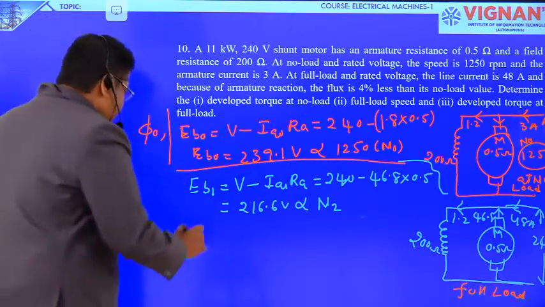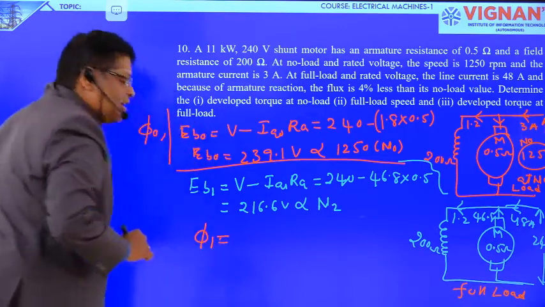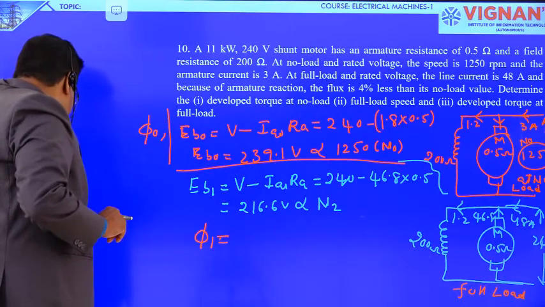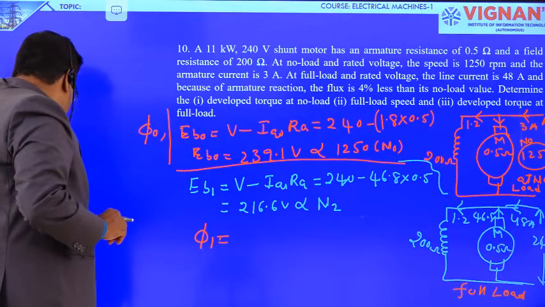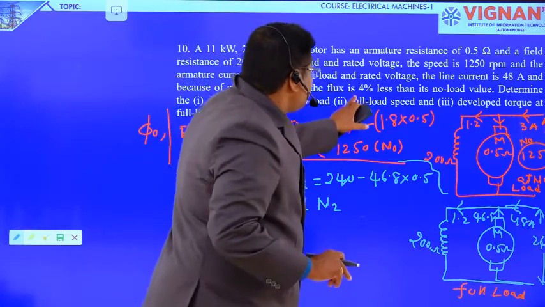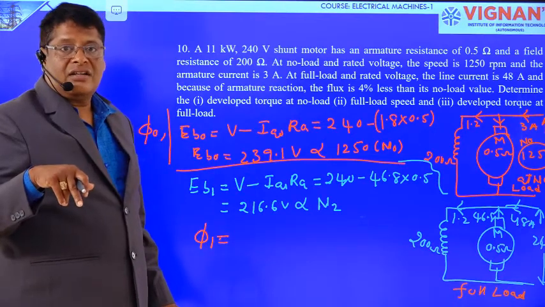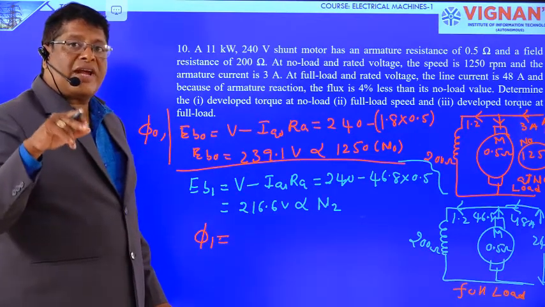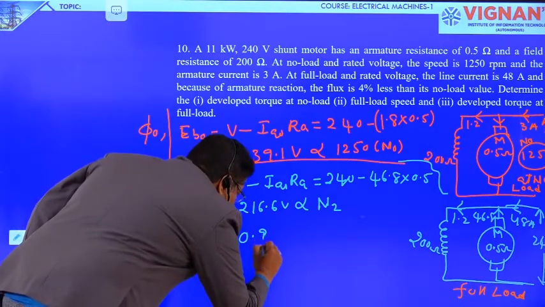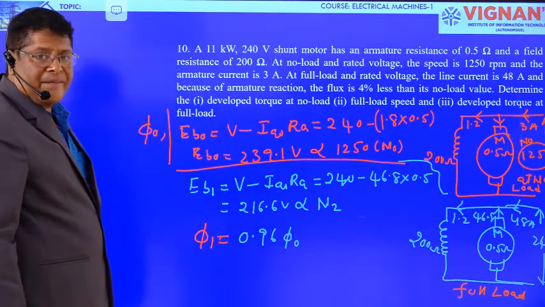In the second case, it is given that phi 1, the flux in the second case, is 4% less than the no load flux value. 4% less means 0.96 times the no load flux. No load flux you take as phi naught.